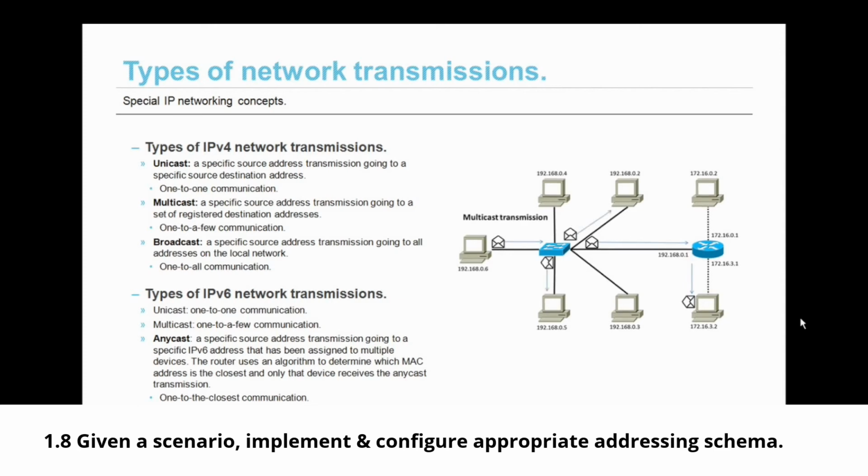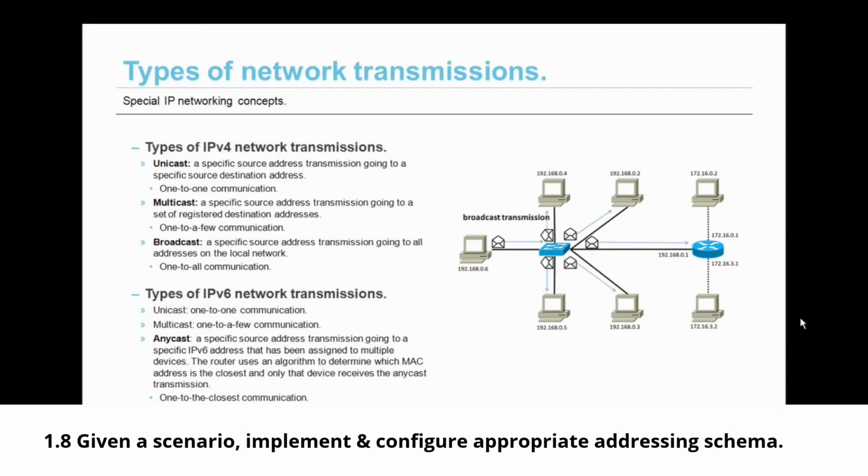Then there's multicast transmission. This is where a specific source address transmission is going to a set of registered destination addresses. This is one-to-a-few communication. Routers often use multicast transmissions to track their routes and to make changes to their routing tables.